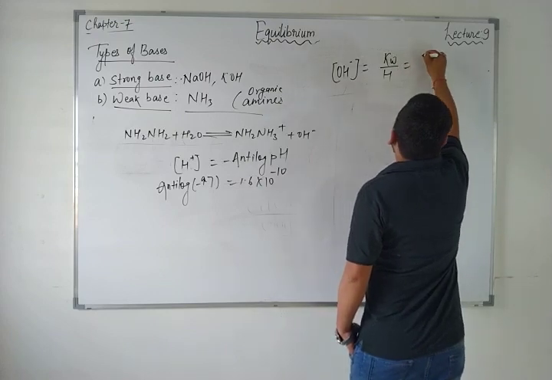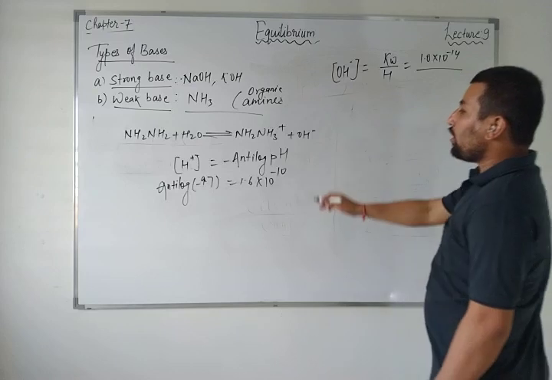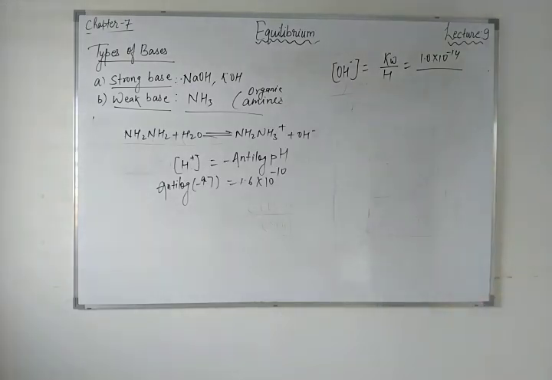That is 1.0 into 10 to the power minus 14 upon the value of H plus, which is 1.67 into 10 to the power minus 10, right?